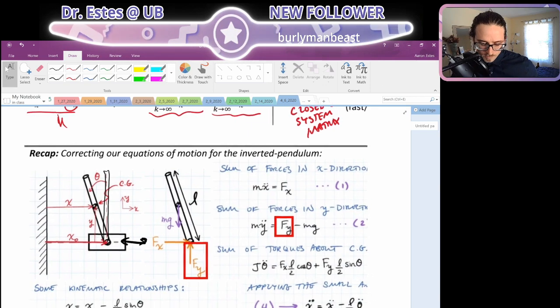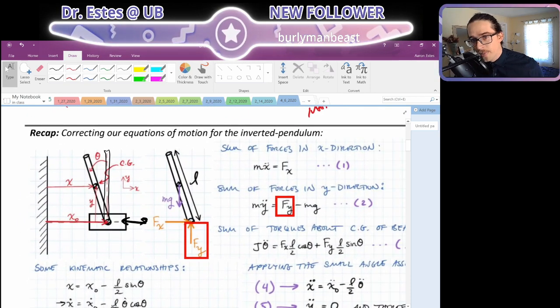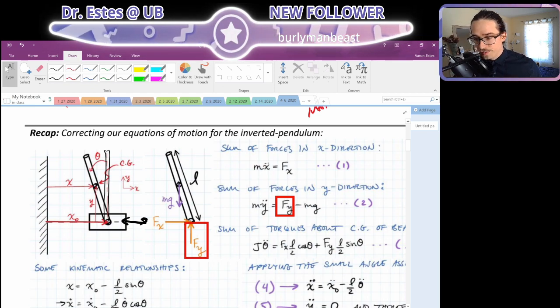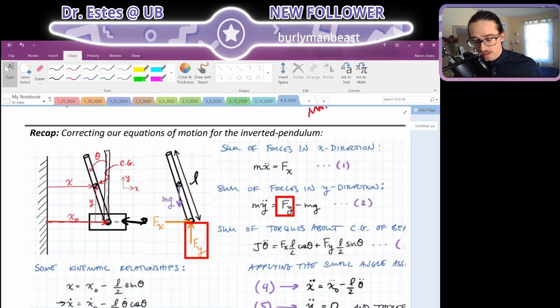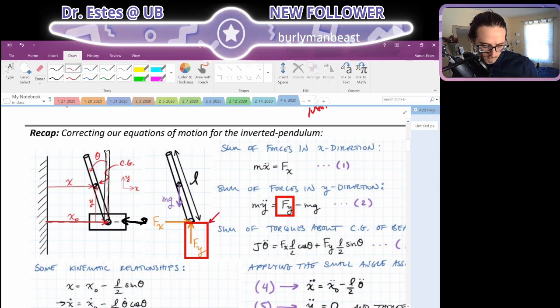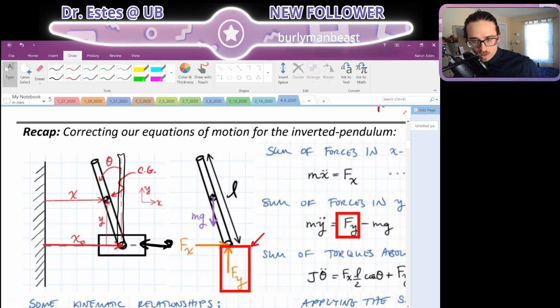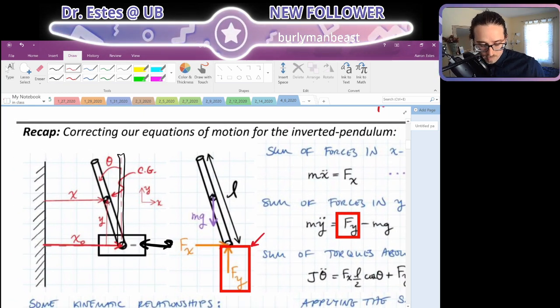And so I started going through how we derive the equations of motion. But guys, I made a mistake. I left something out. The thing that I left out is highlighted here in red. So if you look at the free body diagram on this pendulum, you have gravity acting at its center of mass, pulling it down.